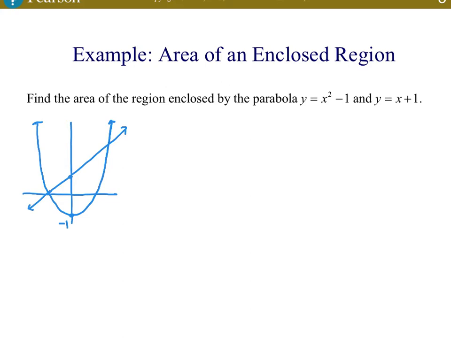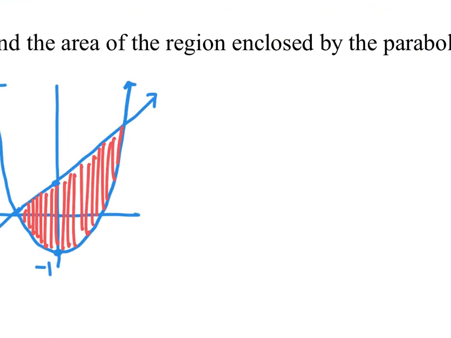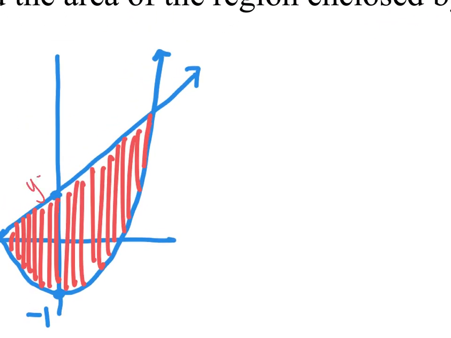And we want the area enclosed by those two. So that'll be this area here. And so the upper is the equation x plus 1, and the lower is the parabola x squared minus 1.